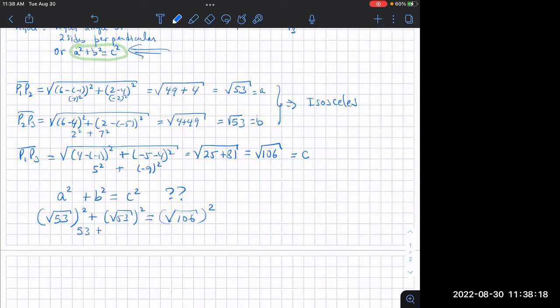So the left side is 53 plus 53, which is 106. Is that equal to square root of 106 squared? Well, square root of 106 squared is just 106. So that checks. So that means it's also a right triangle. So that is a right isosceles triangle.